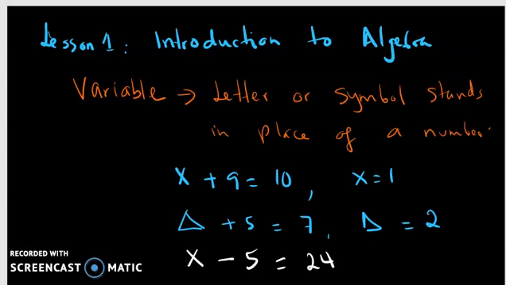So in this situation, x is equal to 29, because 29 minus 5 would give us 24. Alright, so that is one of the important terms that we should know in algebra. Let's move to the next one.